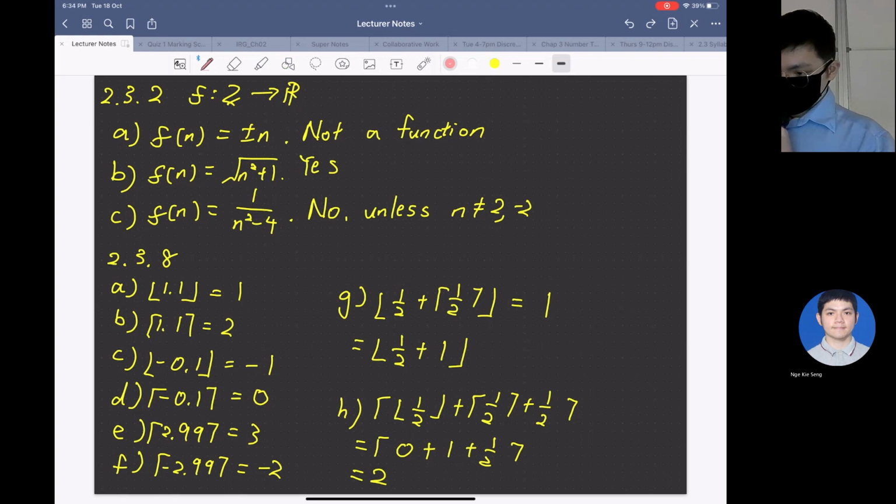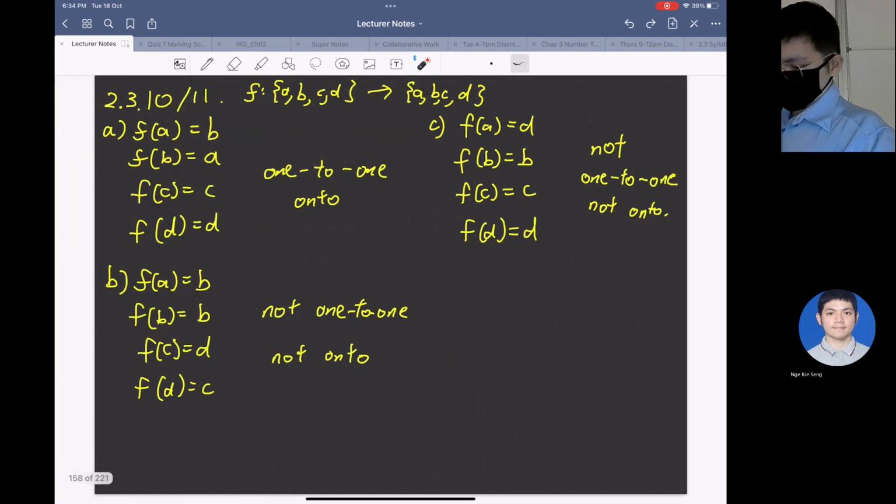And then 2.3.8, just checking whether you know the definition of floor or ceiling or not. And then the next one, to check whether it's one-to-one or onto.